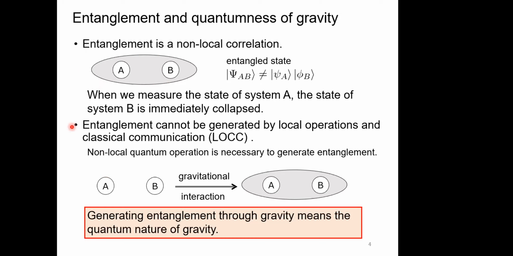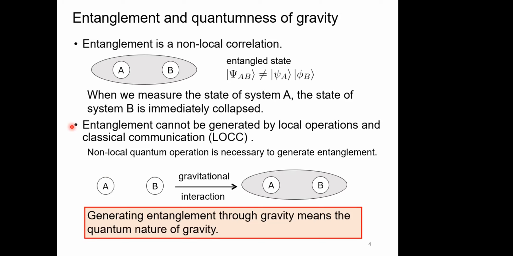Moreover, entanglement is a quantum character. It is known that entanglement cannot be generated by local operations and classical communication, which is called LOCC, the theorem of quantum information. Local operation is an arbitrary quantum operation on only one subsystem, A or B. And an example of classical communication is sending classical information from one to the other.